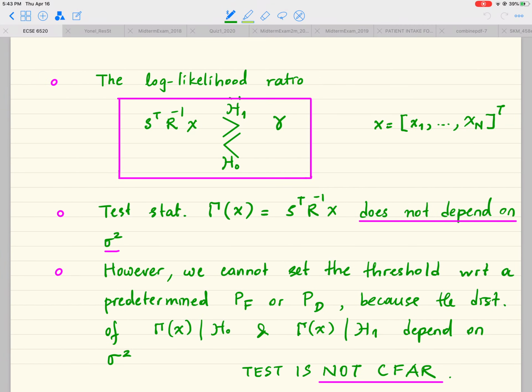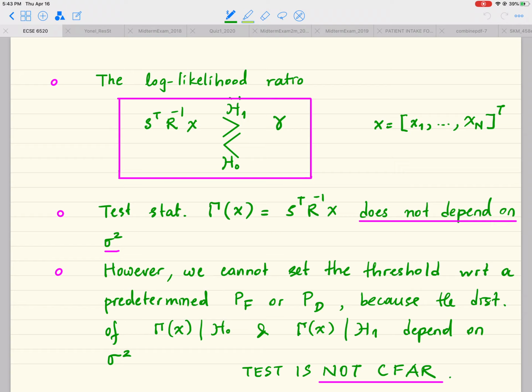All right, so we can first, for example, consider the likelihood ratio test. We've solved this problem before. This is a pre-whitened matched filtering problem, or matched filter.